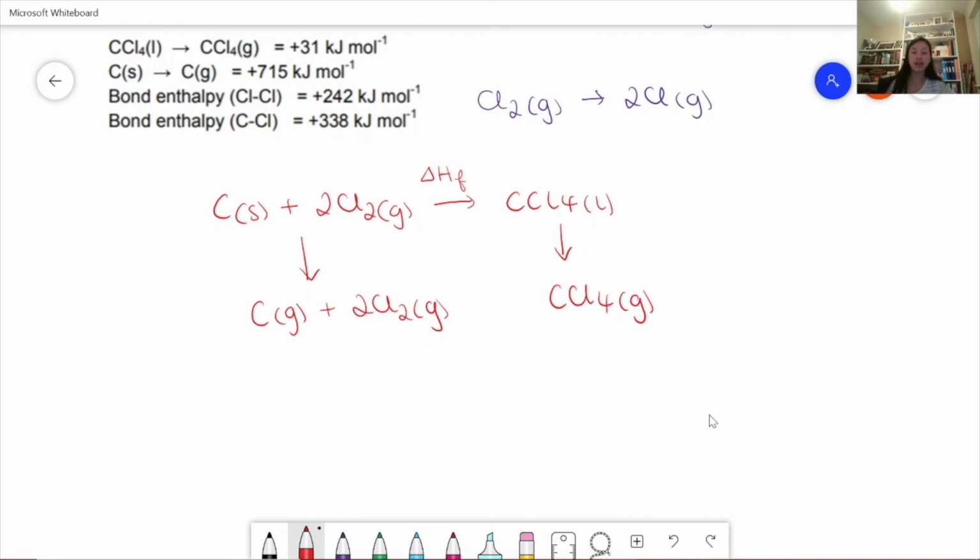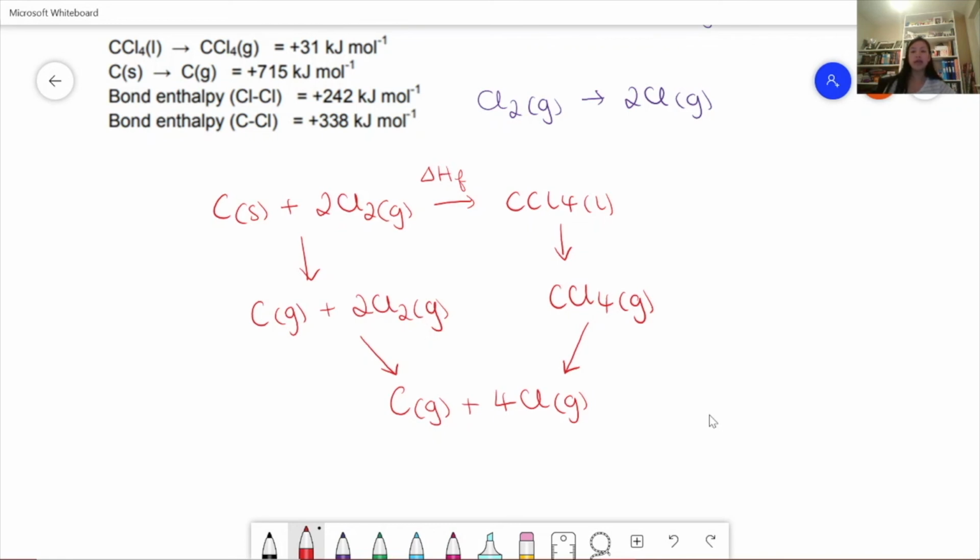So then we just get the separate atoms. So we get a carbon atom and 4 chlorine atoms, which are both gases as well. And we see that these are both given to us as well. So this is our diagram.